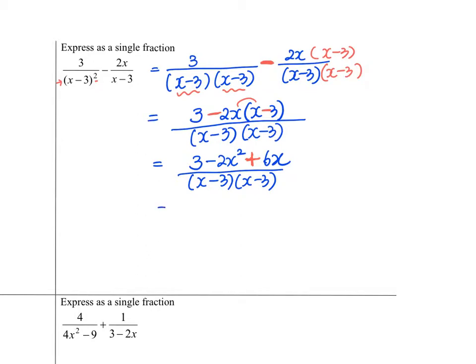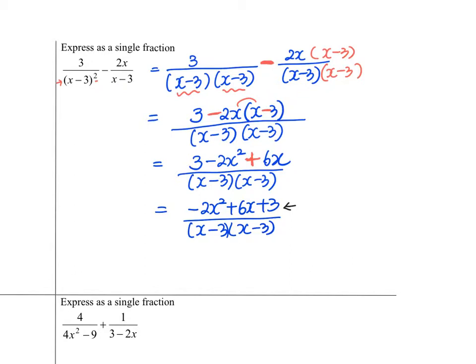Okay, now looking at our answer, we shall rearrange it. Negative 2x squared plus 6x plus 3 over x minus 3, x minus 3. Do you think we can simplify the numerator by factorizing? Okay, not very sure. Doesn't look like we can factorize it because of the number 6.